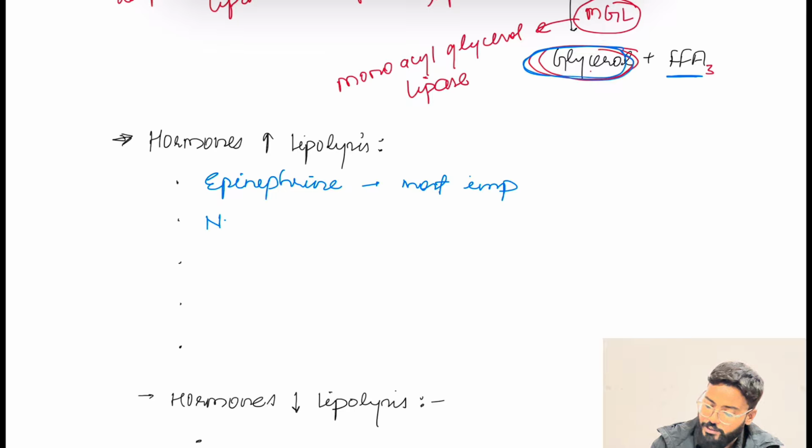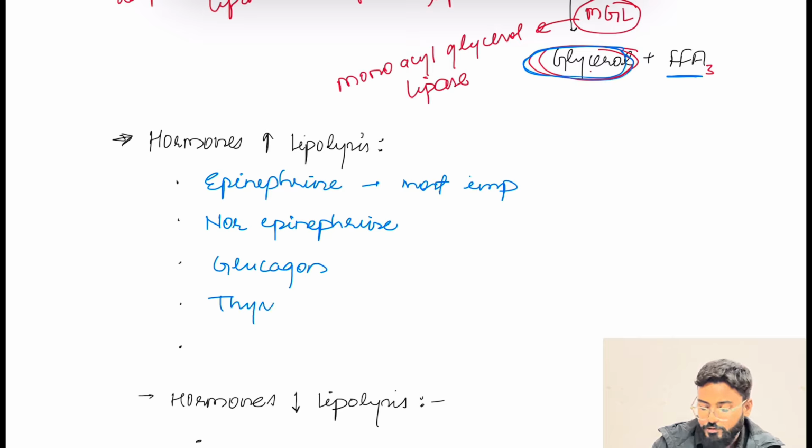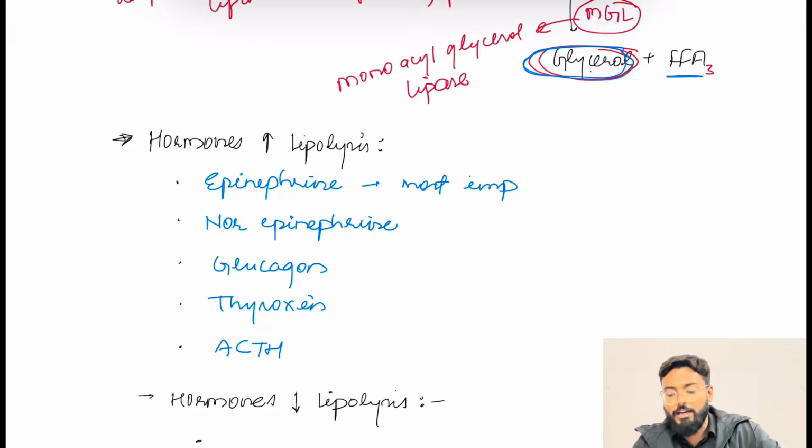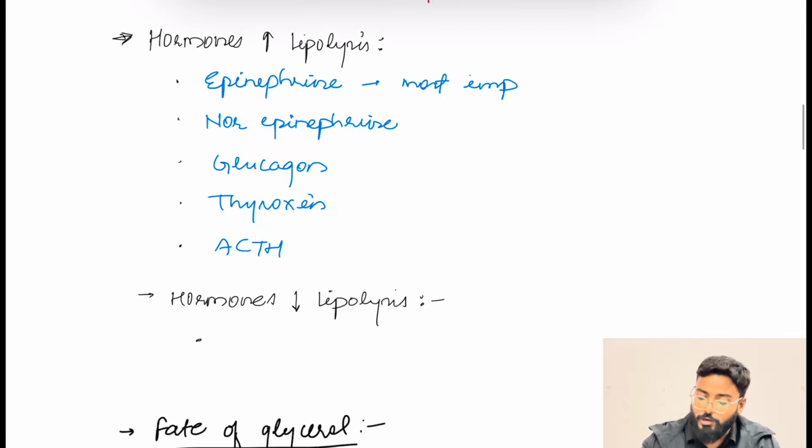You will also see norepinephrine, your glucagon, your thyroxine, and ACTH. So these hormones, when they are released and act upon the adipocyte, are going to stimulate the process of lipolysis.